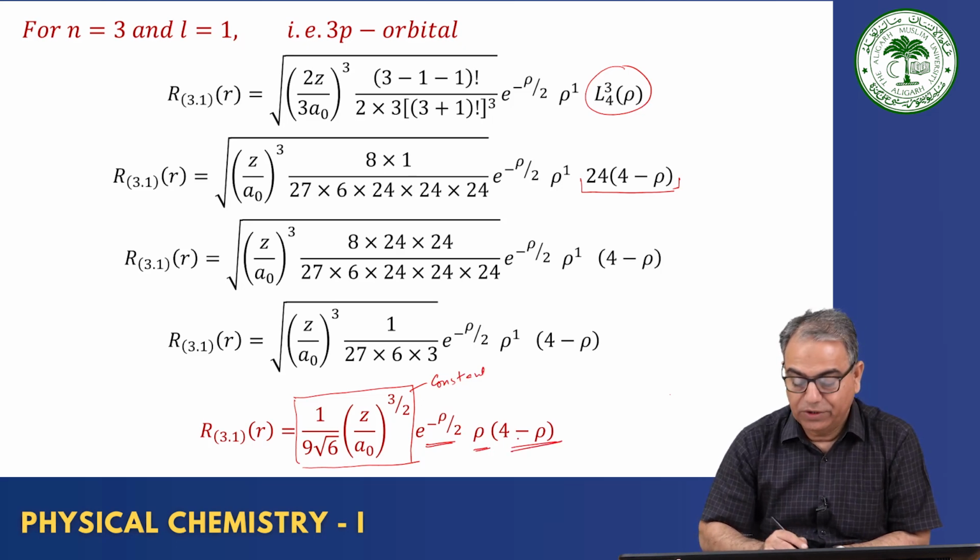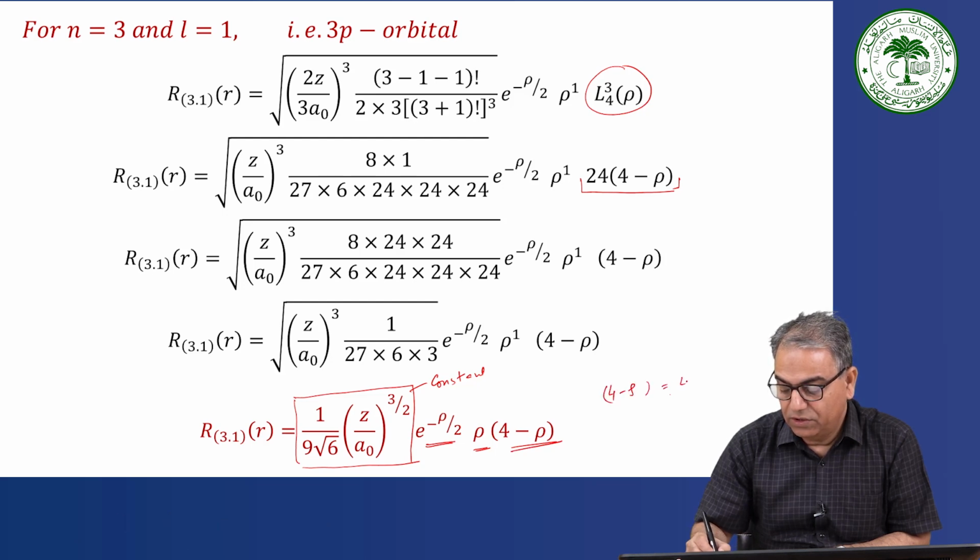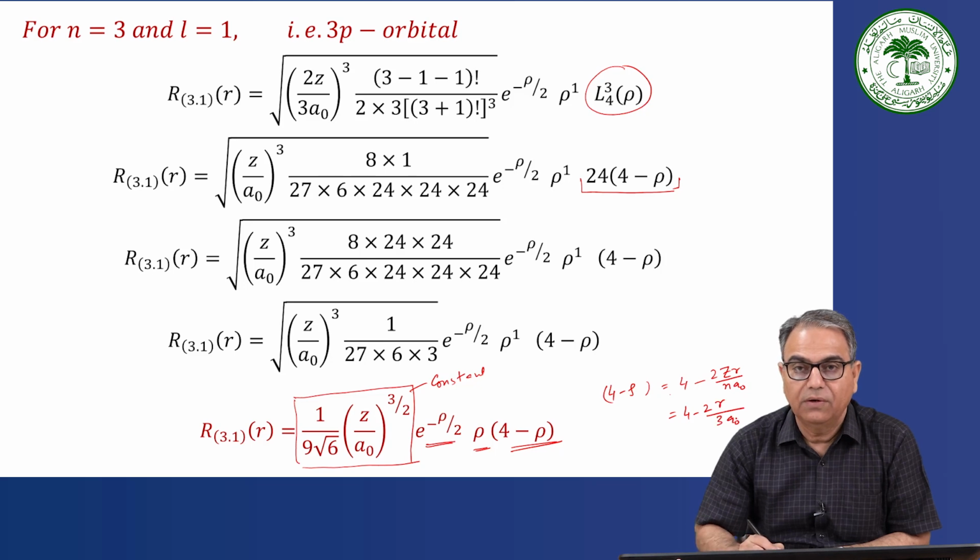Now look at 4 minus rho. Rho is equal to 2ZR divided by n a naught. With Z equal to 1 and n equal to 3, rho is 2R divided by 3 a naught.